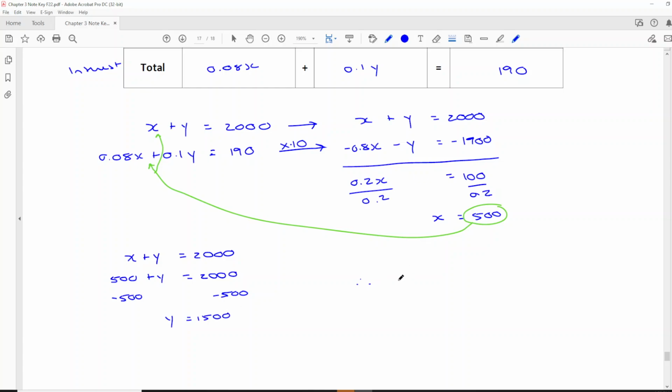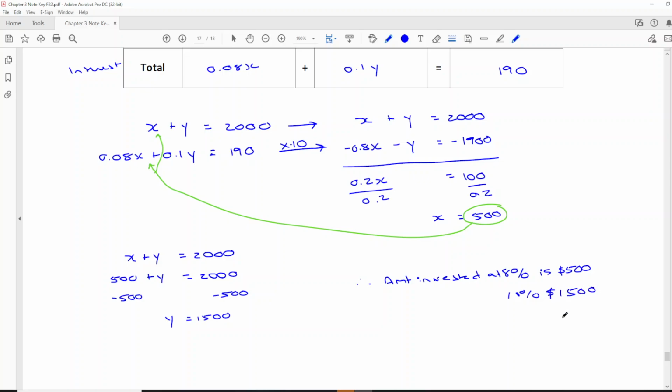So therefore, amount invested at 8% is $500, and at 10% is $1,500.